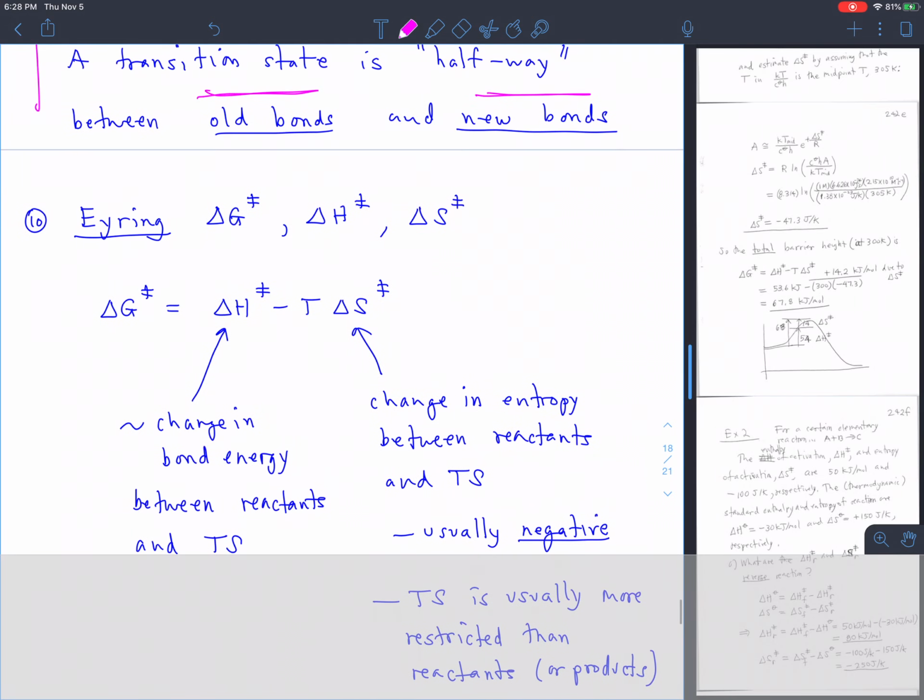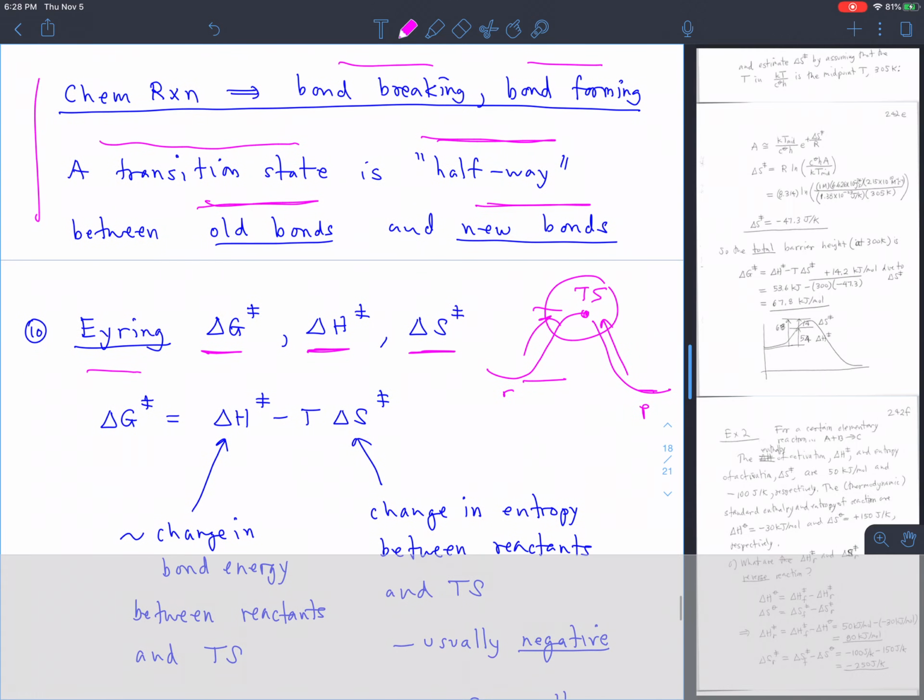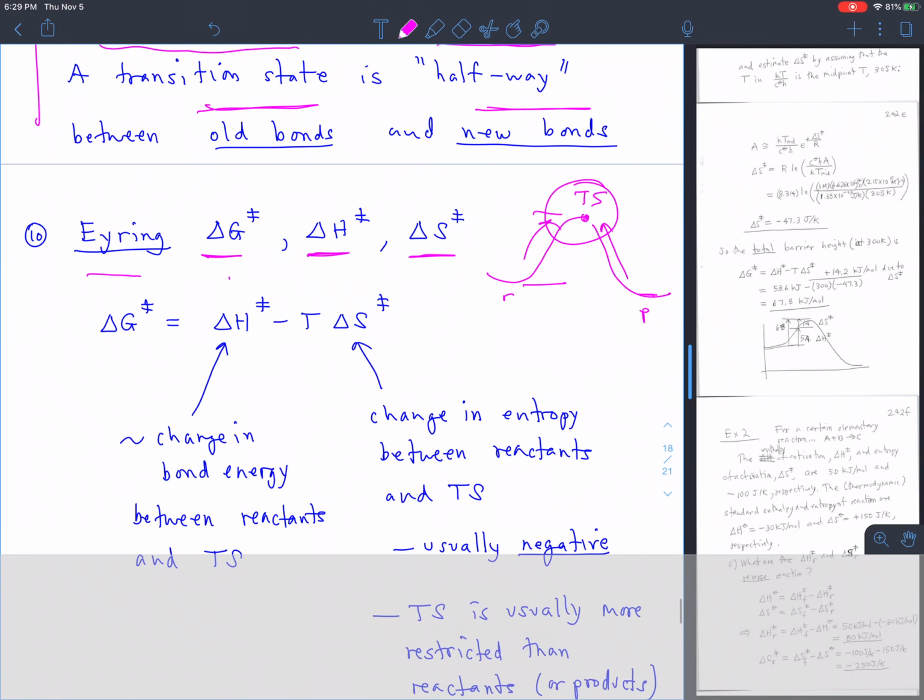So these quantities, delta G double dagger, delta H double dagger, delta S double dagger, are all the delta G, delta H, and delta S values that correspond to going from the reactants, let's say, up to the transition state, or else from the products on the other side up to the transition state. And therefore, if we have some idea what this transition state is, then we have some feeling for what kinds of things make for a big delta H or a big delta S.